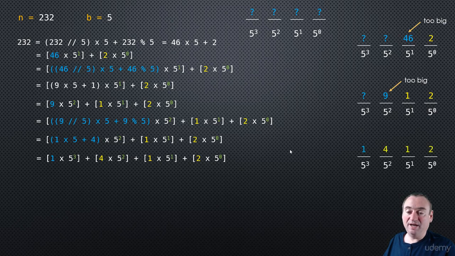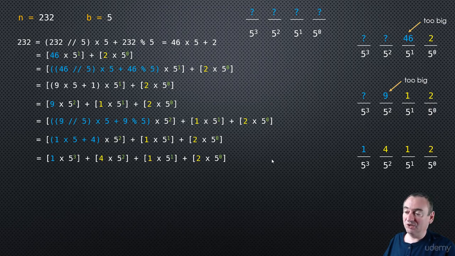So now we have our number in base 5: 1 4 1 2, and we're good. 1 is a valid digit in base 5. So we could stop right here. This is our number in base 5. 232 base 10 is 1412 in base 5.